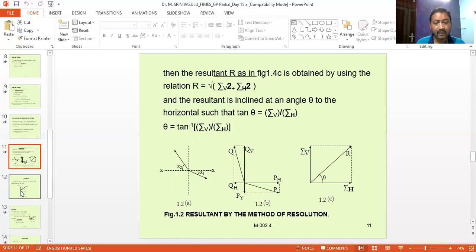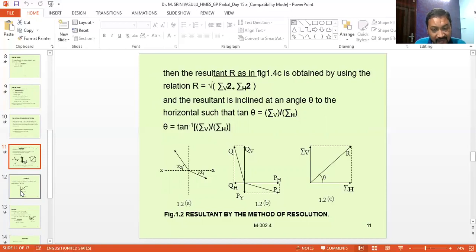Now in figure 1.2b, the P force can be resolved into two components. One is PH, the horizontal component acting parallel to the x-axis, and that is equal to P cos alpha 1.